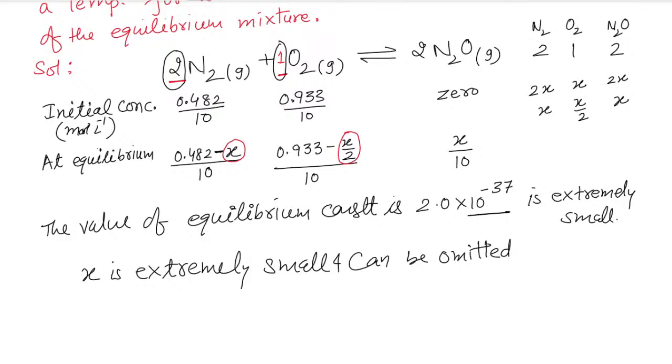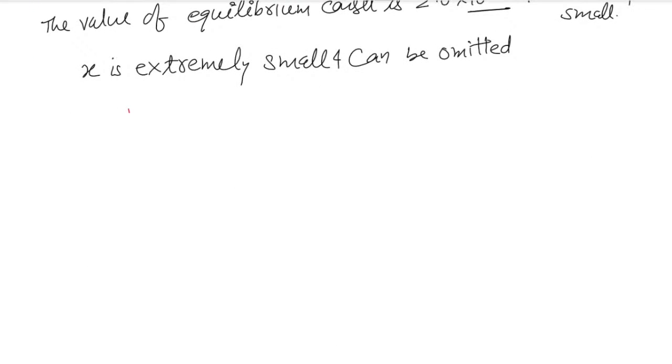If it is neglected, then what would be the concentration of N2? So N2 gas concentration is 0.482 minus x divided by 10. So, x can be neglected as compared to 0.482.